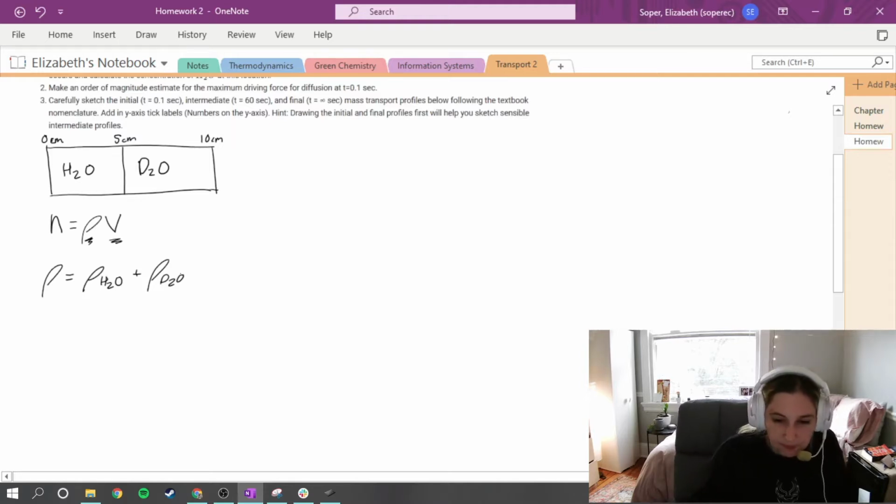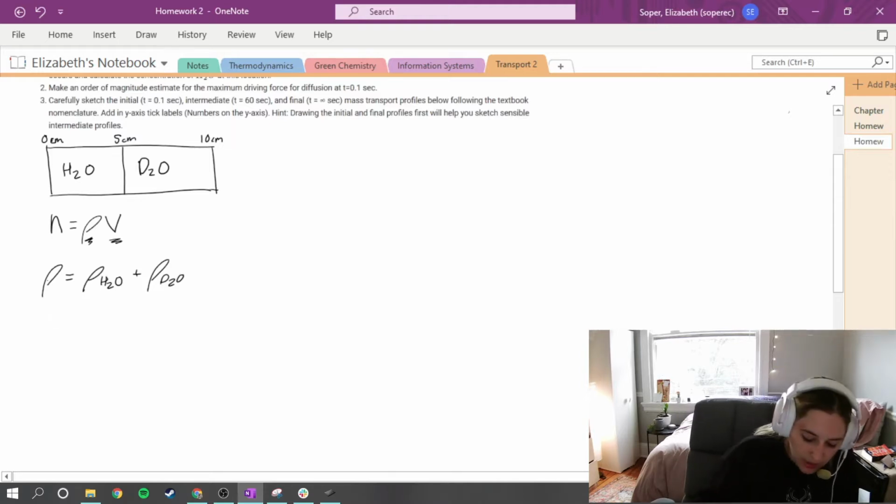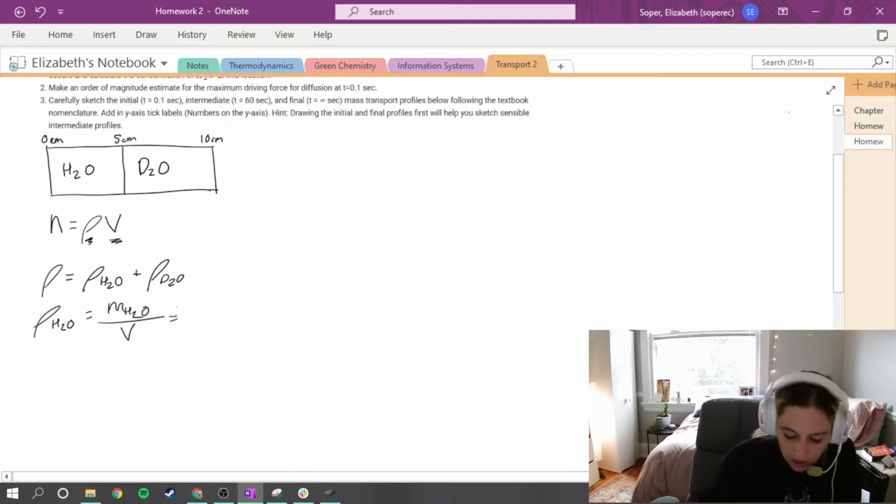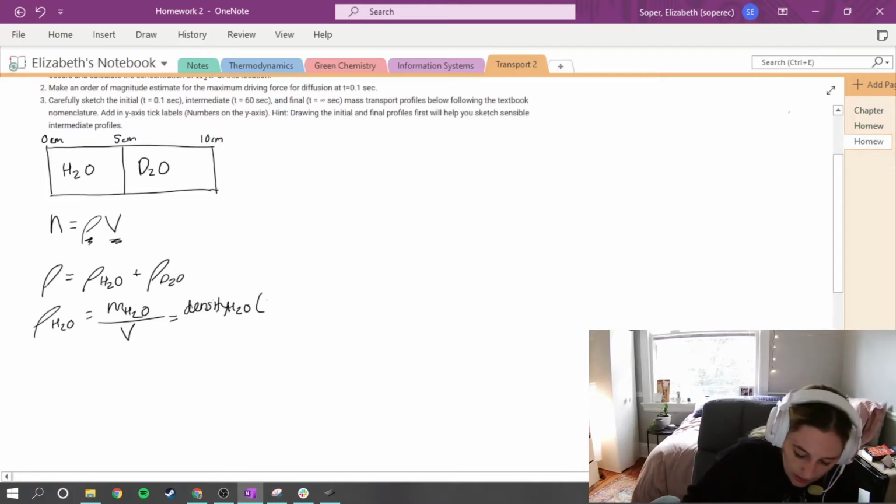And we know that mass concentration of a component, so H2O, equals the mass of that component over the total volume. And we know that the mass of a component is equal to the density of that component, so H2O, times the volume of the H2O.